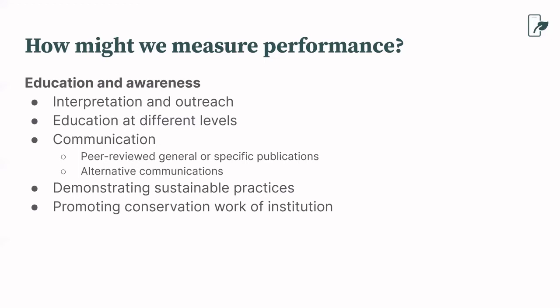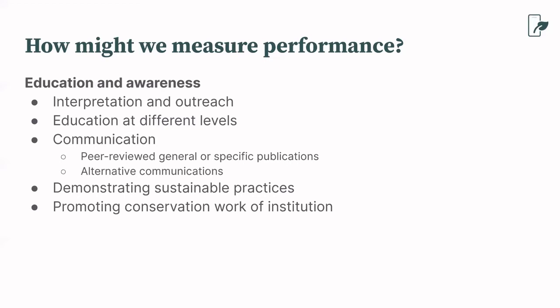And finally, these communications that are so important, whether they are peer-reviewed and scientific, but also alternative communications. These can be simple things like your website and the way you publicly disseminate your collections information.